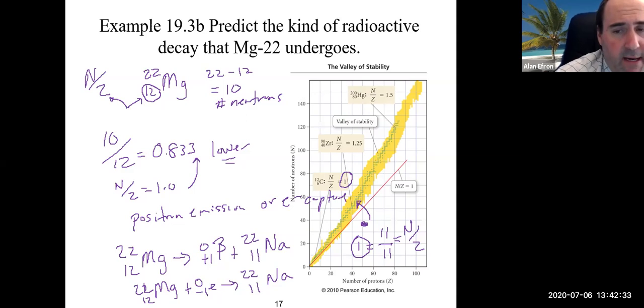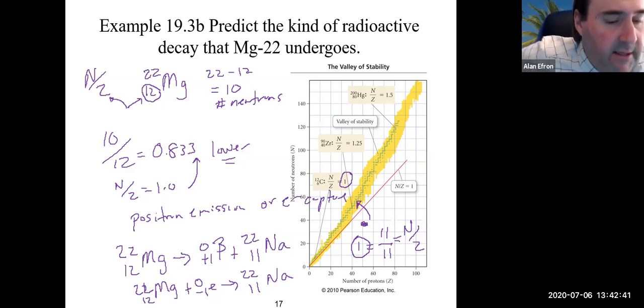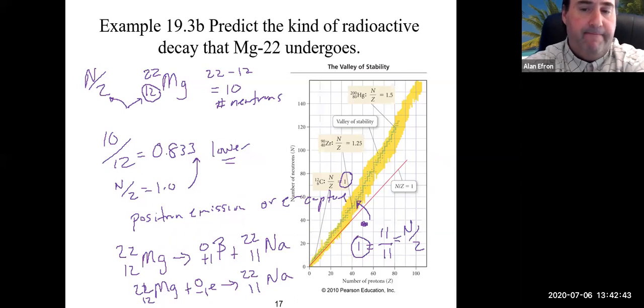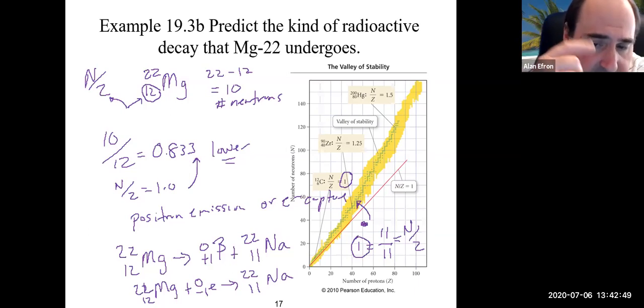But you should see it move in the right direction towards that valley or belt of stability. And if you are asked a problem like this, you do not have to continuously repeat it until you hit a stable ratio, but you definitely should at least do the first one if you're asked to write the equation, and that should move you towards the right area.